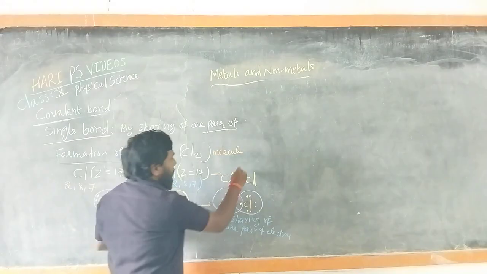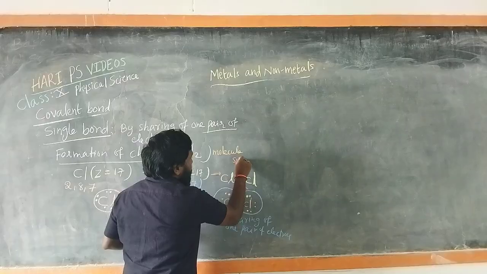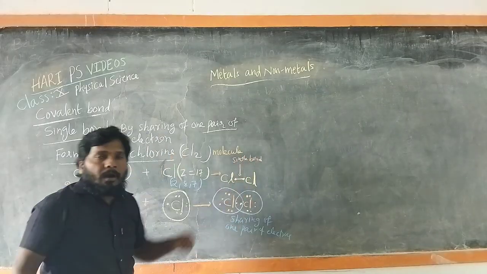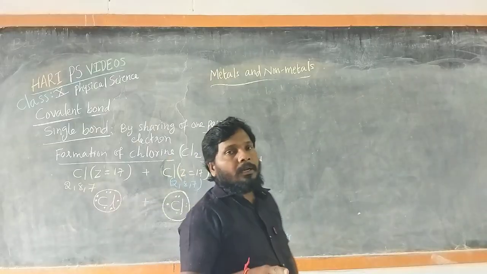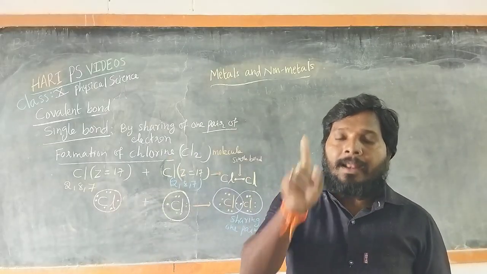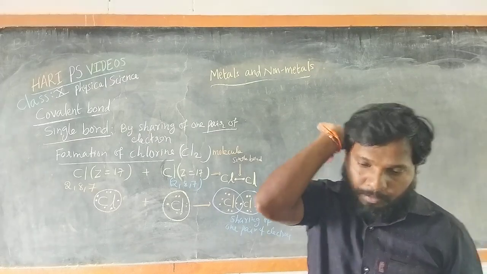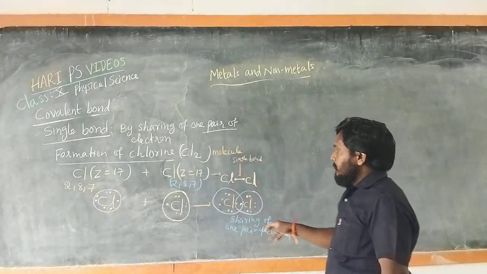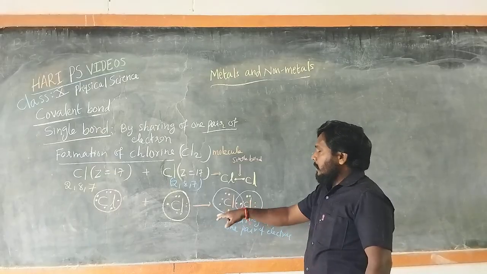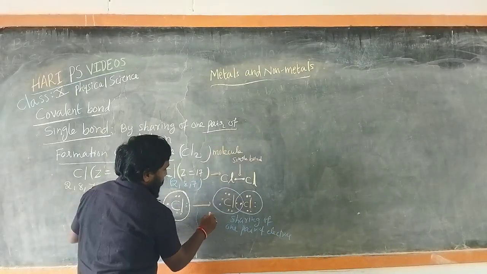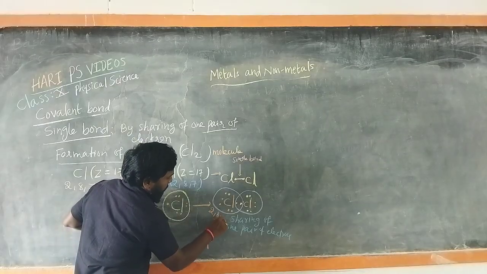A single bond is formed between the 2 chlorine atoms by sharing 1 pair of electrons. After sharing the electrons, we can write the electronic configuration for each chlorine atom. Here we get 2, 8, 8.